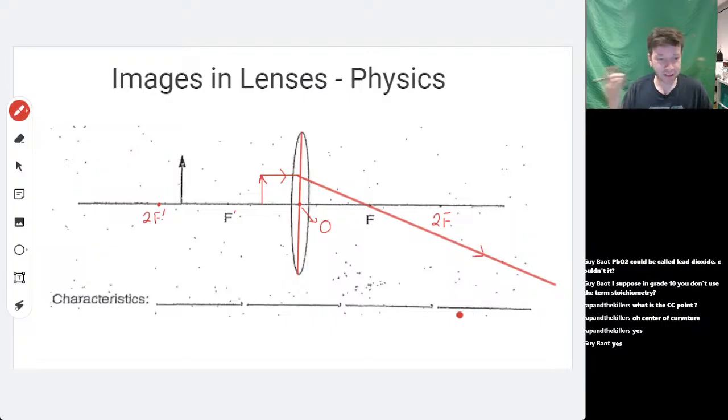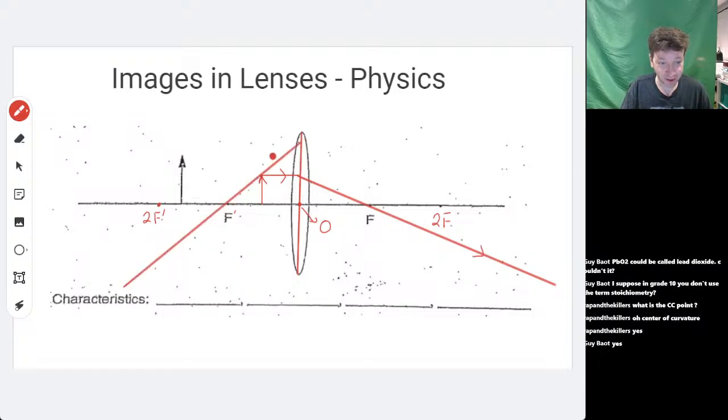Now the second one becomes hard because you'd have to go through f prime. But if you go through f prime, you're never actually hitting the lens. So what you could do is you can imagine a ray coming from f prime, like this.